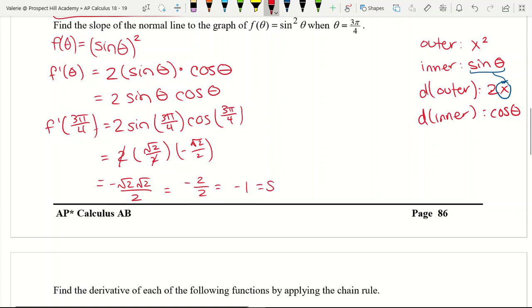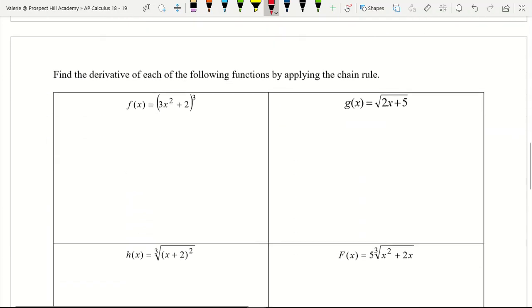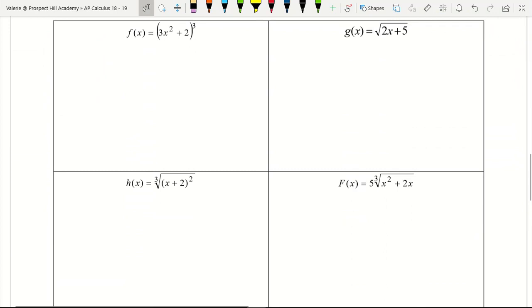So that is the slope of the tangent, and we want the slope of the normal, so the opposite reciprocal will just be 1. Okay, so let's do a few problems from page 87.